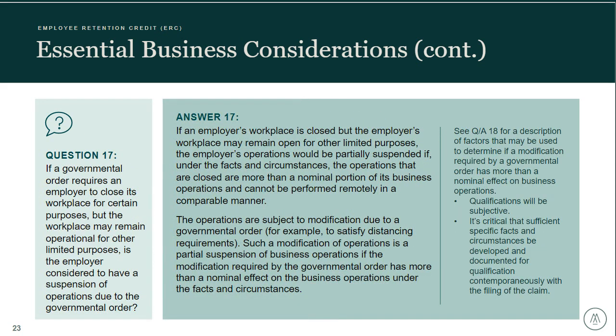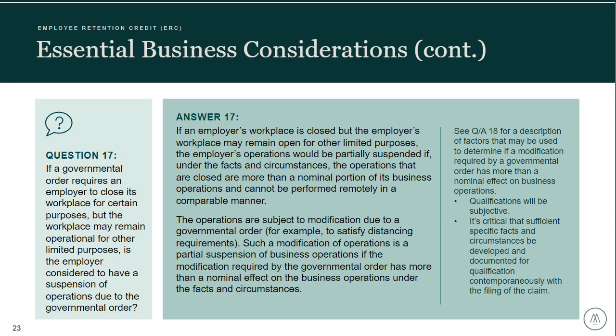Sure. So if a government order requires an employer to close its workplace for certain purposes, but the workplace may remain operational for other limited purposes, is the employer considered to have a suspension of operations due to the government order? I think this is one of the areas where, as I addressed in a good question in the chat, we don't necessarily believe this is an everybody-qualifies or no-one-qualifies situation.